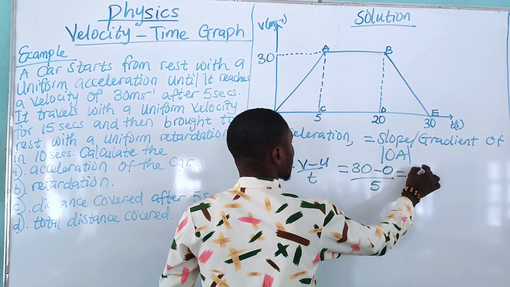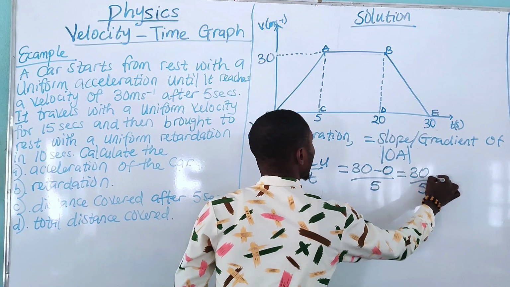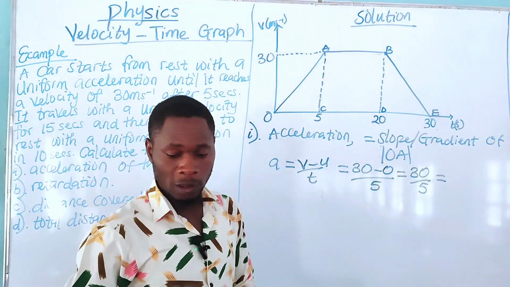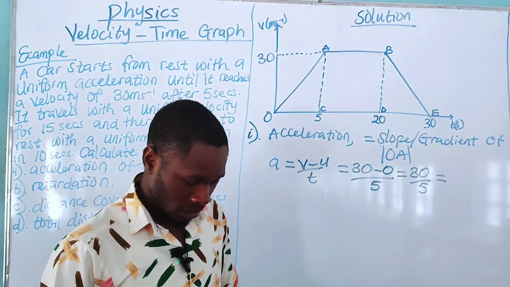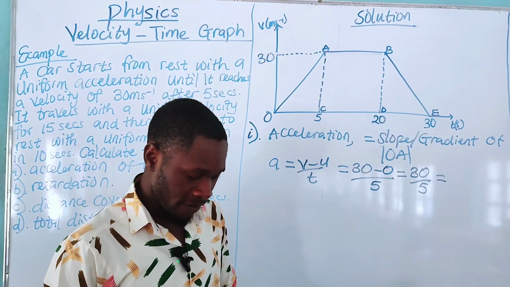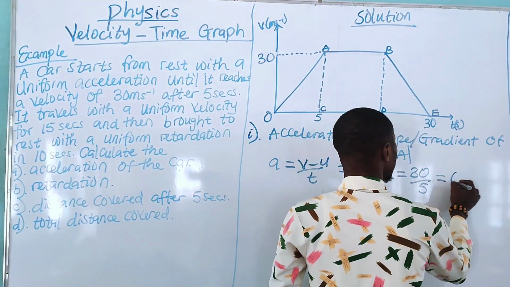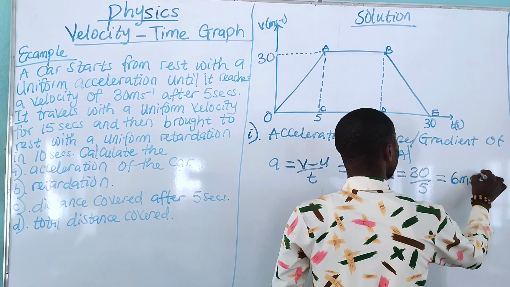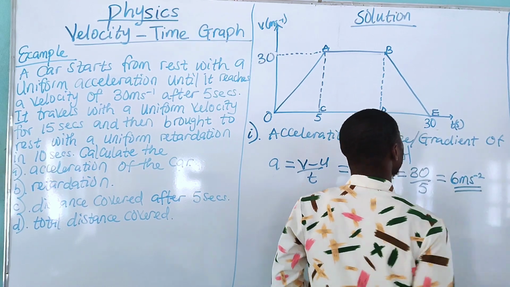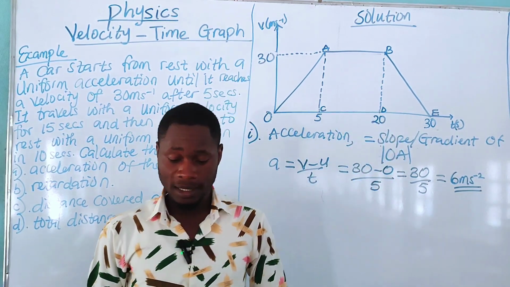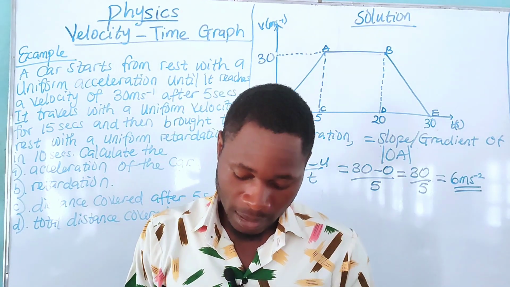So giving us 30 divided by 5, which is 6. So that gives us 6 meters per second square. So that gives us the acceleration of the car.